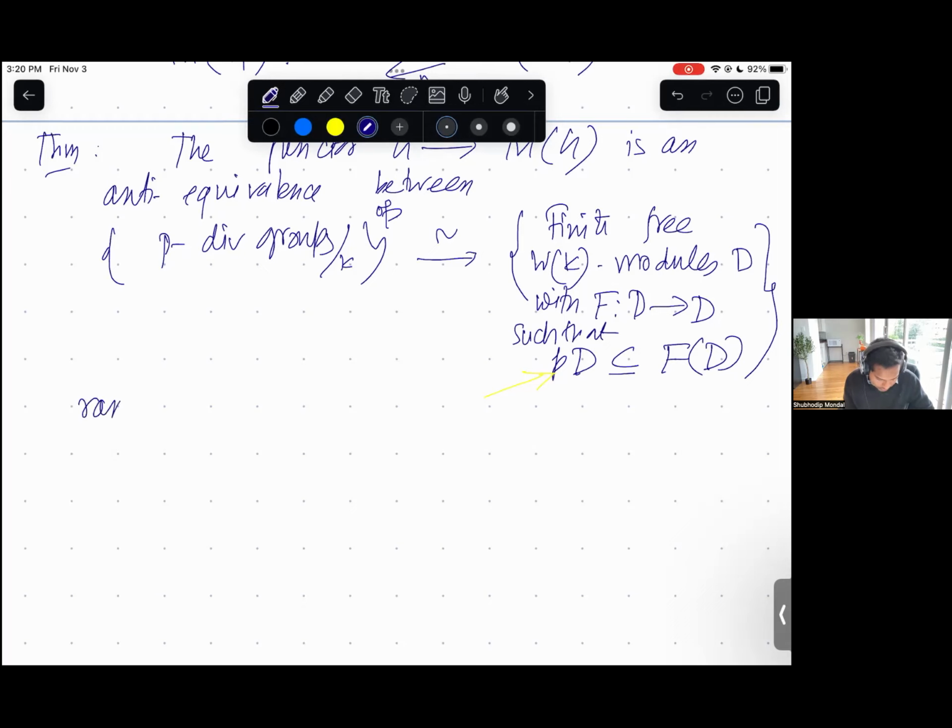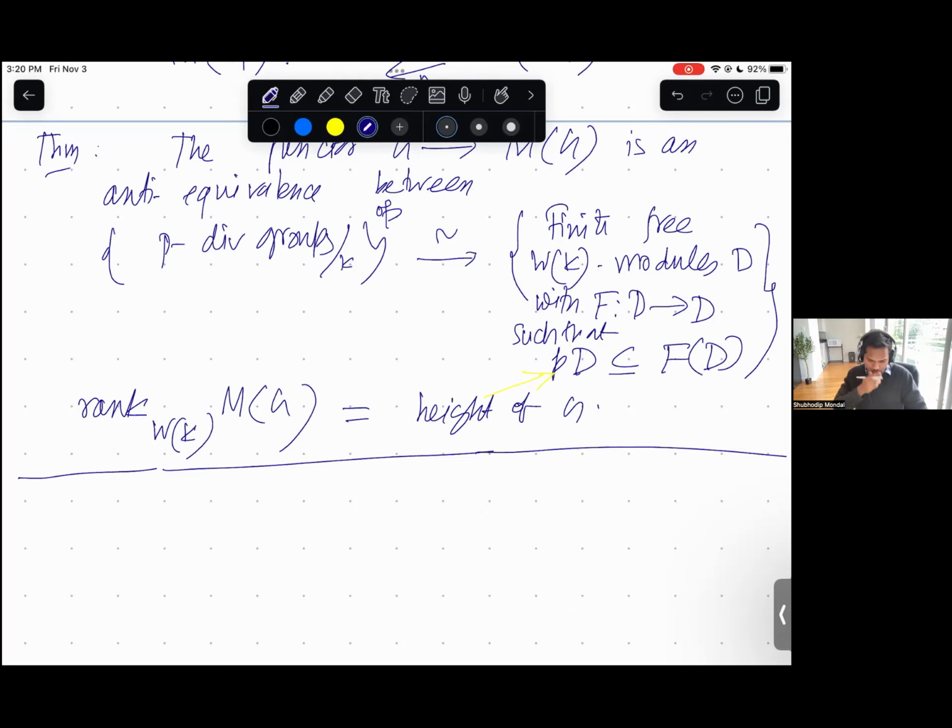So in this case, the rank of M_G would simply be the height of G. But in this case, it is equivalent to require there to be a V, right? Yes, exactly. It's equivalent.